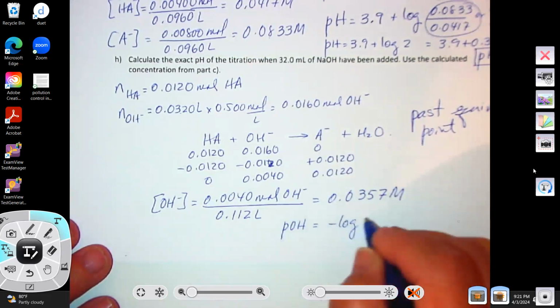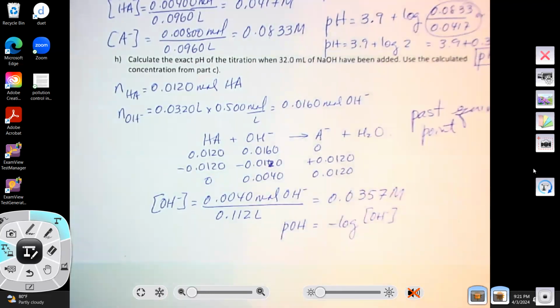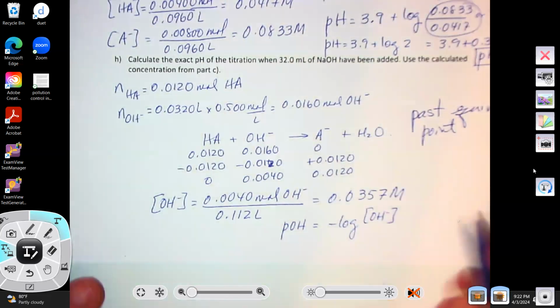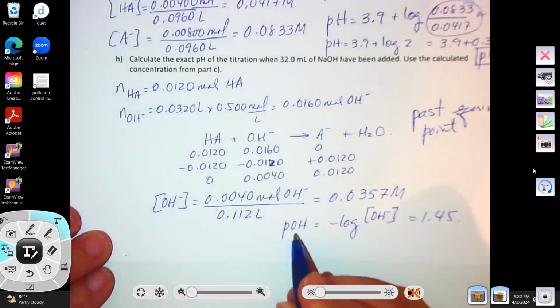And then we need to get the pOH, because obviously this is a base. So negative log of 0.0357 is going to give me 1.44, 1.45. That's pOH.